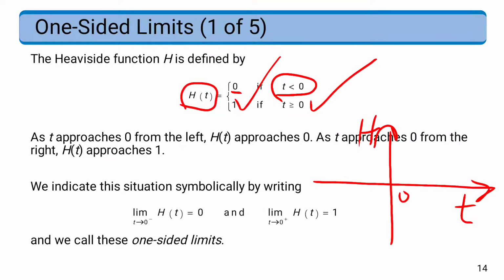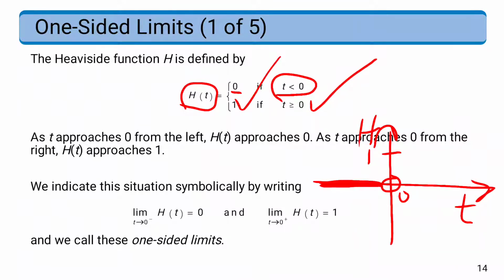So suppose this is your 0 here at the origin, then we have 1 here. You can put other points, but these are of interest looking at how our function is defined. So at 0 here we have a point with a hole, and then this is the graph of the function where it is 0 when t is less than 0.